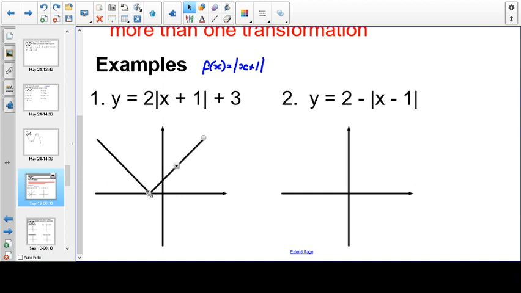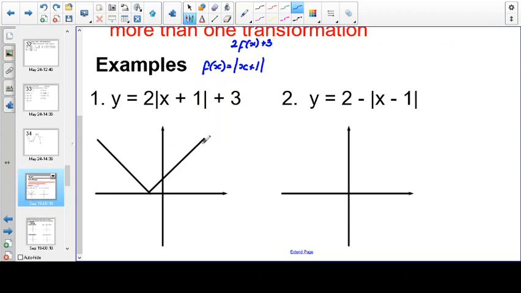So that's modulus x plus 1. Then there is a 2 outside it. So if this is our baseline, there is a 2 outside of that, so it's multiplying the whole thing. And then there is a plus 3. So this is a stretch, scale factor 2 in the y direction, followed by a translation up 3.